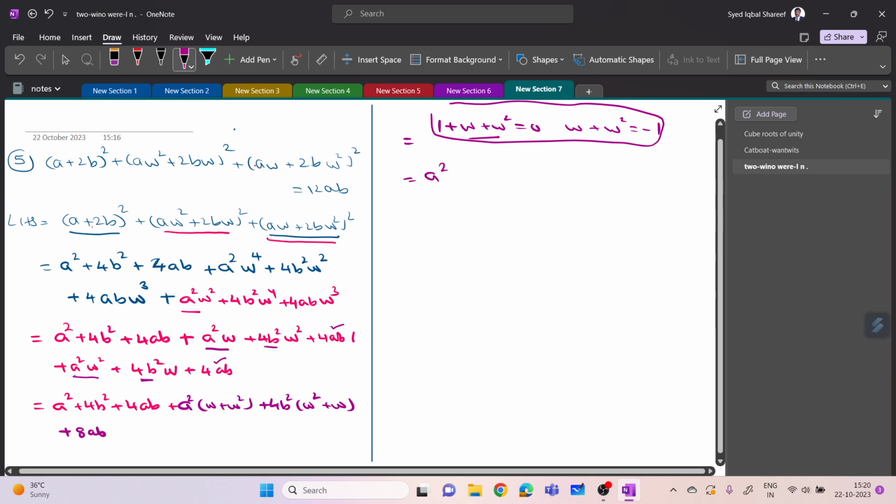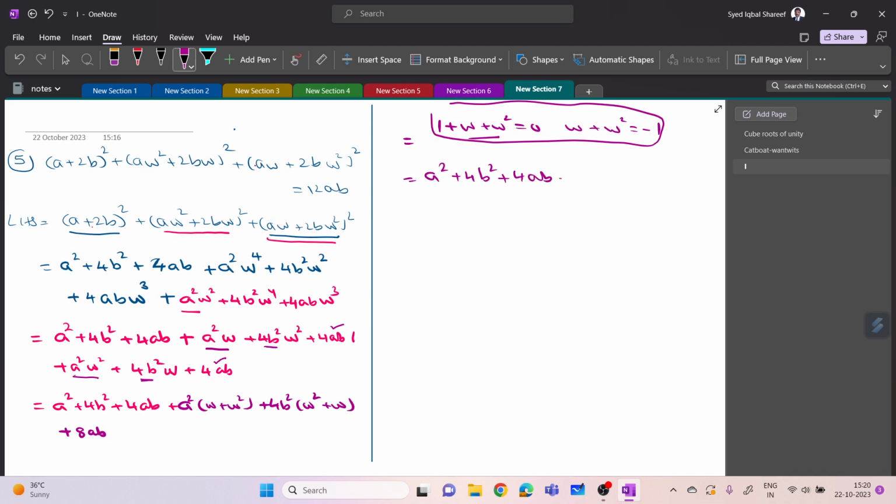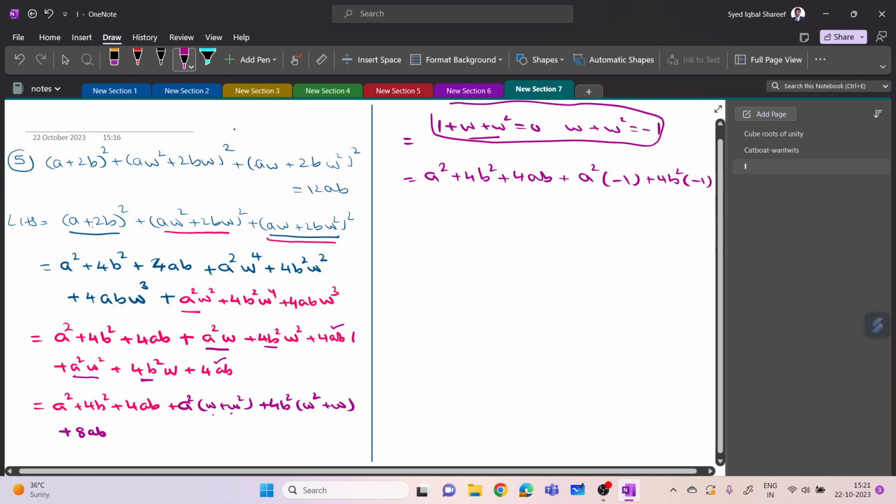So this is a square, 4b square, 4ab plus omega square. Omega plus omega square is minus 1. 4b square, omega square plus omega is again minus 1. And this is 8ab.